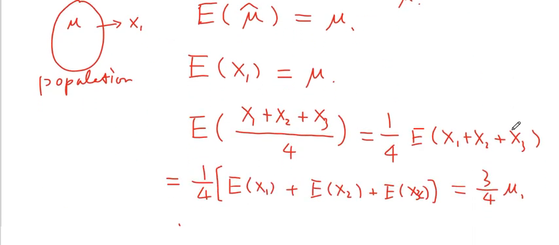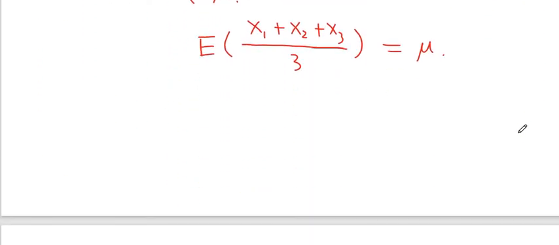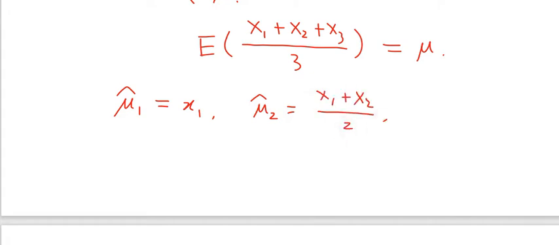Let's put it here. We can claim mu1 hat just equals x1, mu2 hat is x1 plus x2 over 2, and mu3 hat is x1 plus x2 plus x3 over 3.